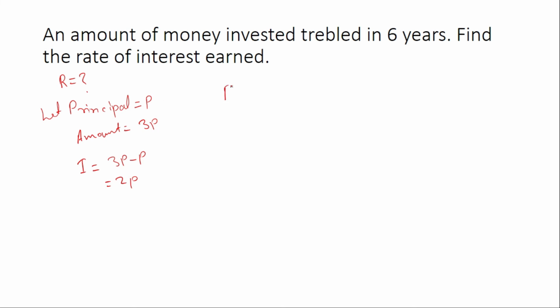So formula for rate is I into 100 by principal into time. Here time is given 6 years. So what interest we have got? 2P into 100 by principal is P. You can take X, Y, Z, whatever.